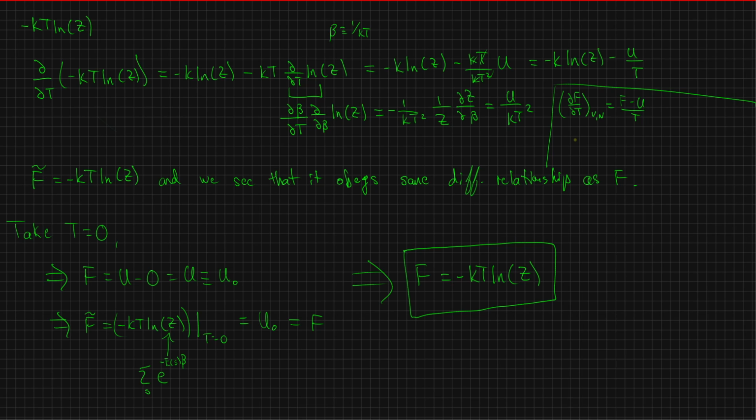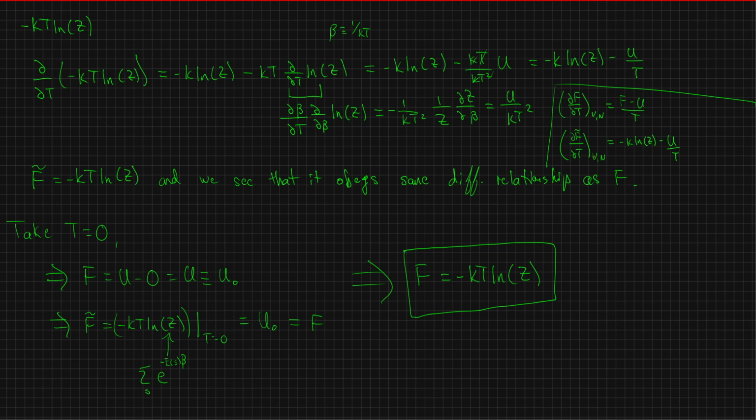So now all I was saying was basically let's consider this other quantity. Let's take the same derivative, and then we can compare the two. So basically what we showed here is that if you define this other quantity f tilde, and you take the derivative with respect to the temperature, and again, you hold v and n constant, you get minus k ln of z minus u over t.